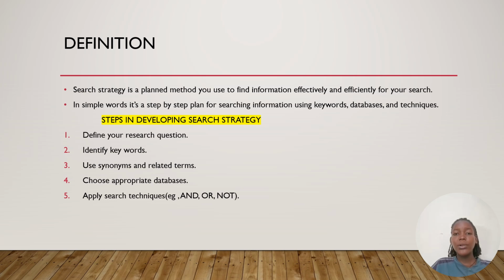If you're using OR then you're widening your search. You can say maybe the causes or effects. Here, by saying the causes or effects, it will give you either the causes, or only the effects, or sometimes it gives you both.